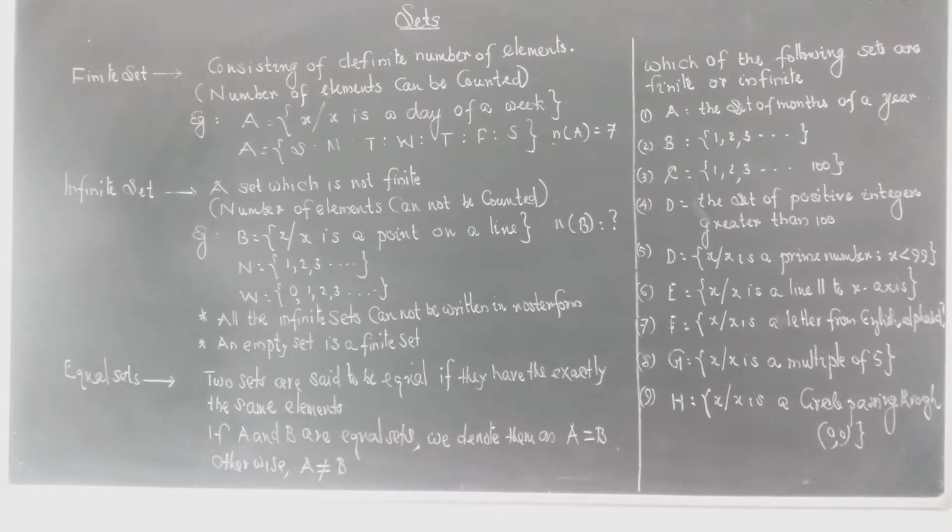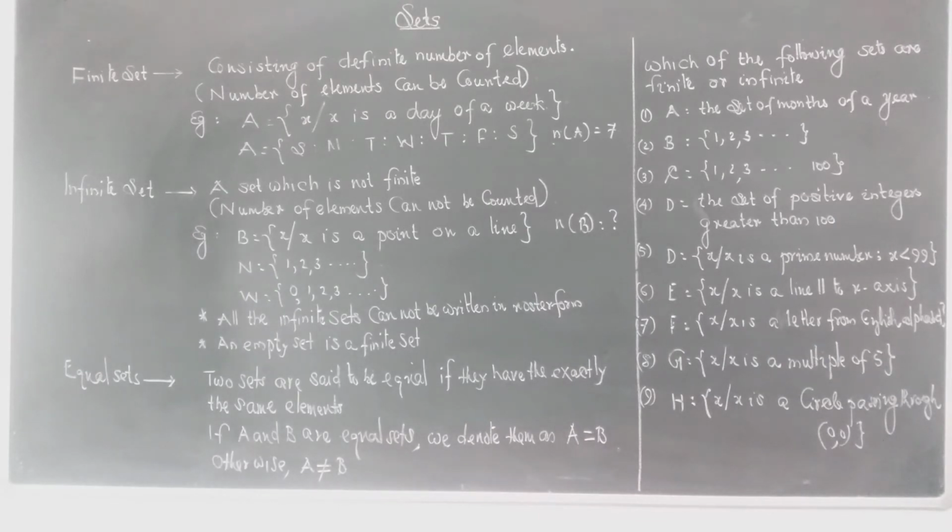There are so many examples that you can see around our normal life. So many sets that we can find in the classroom, even outside, at your home or with you. And this is a simple example we are going to put it down. A is equal to set of x such that x is a day of a week.